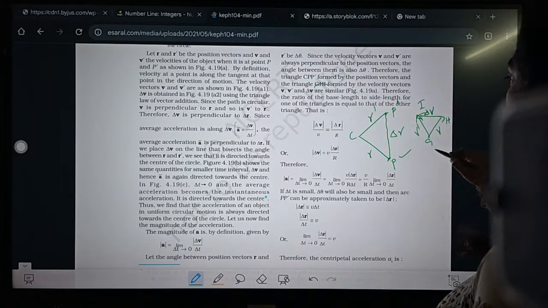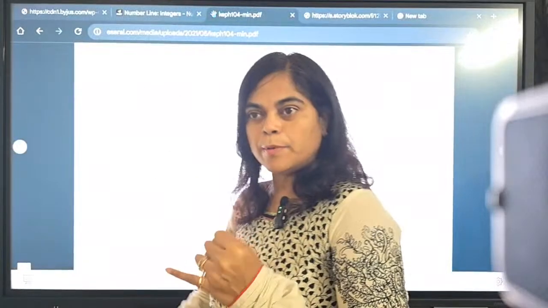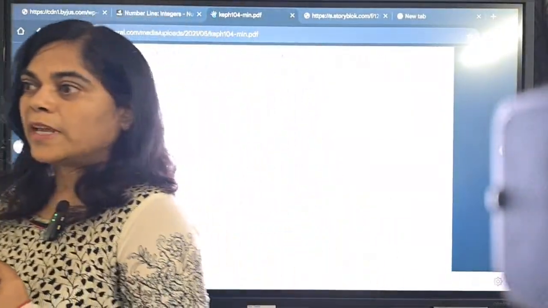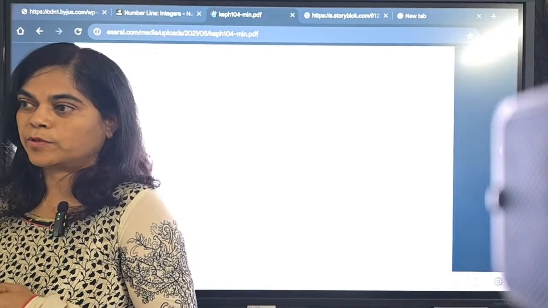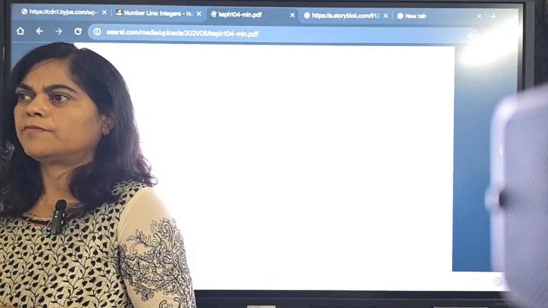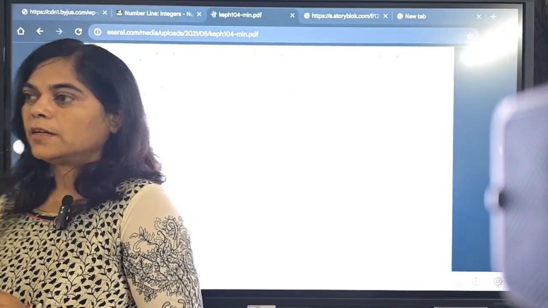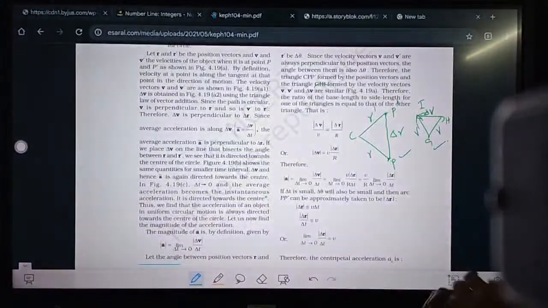They are considering these two as similar triangles. Similar means what? Their sides will be proportional. Their corresponding sides or their corresponding angles will be proportional, right? All this you have learned from your 8th standard onwards. So what are all the sides here?